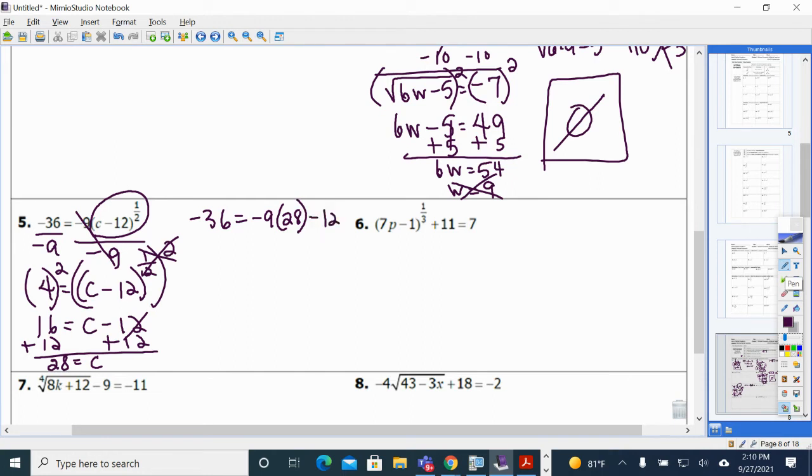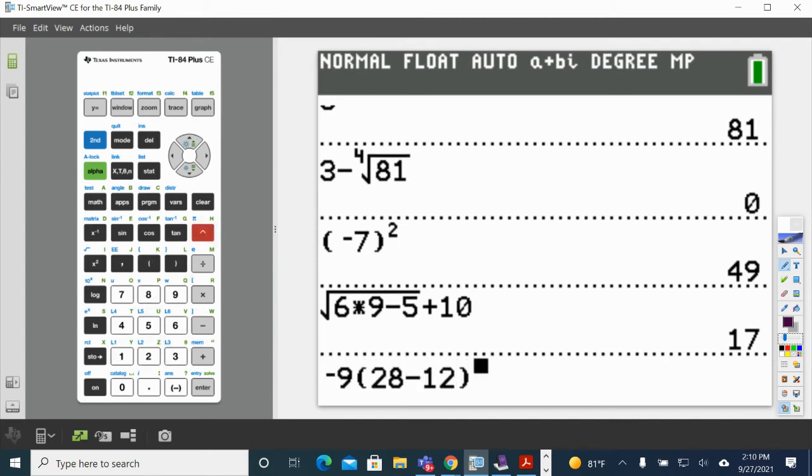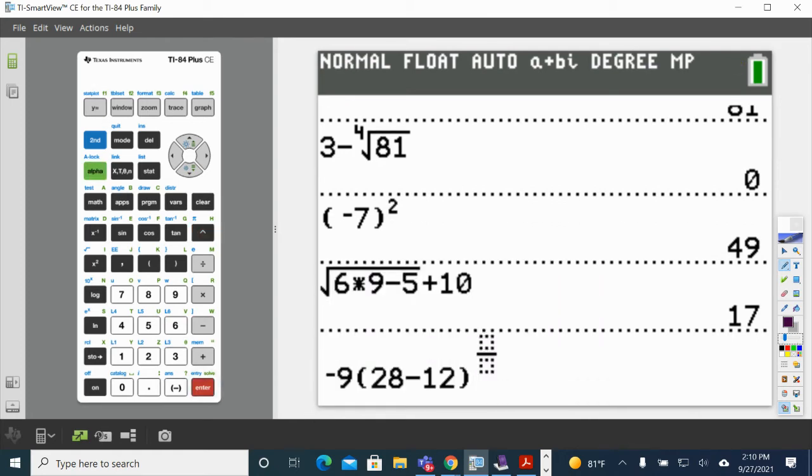Minus 12, and I don't need that. Put that parentheses in the wrong spot. To the 1/2 power. All right, so I'm going to put that right side in the calculator. Negative 9 times 28 minus 12 raised to the 1/2 power.